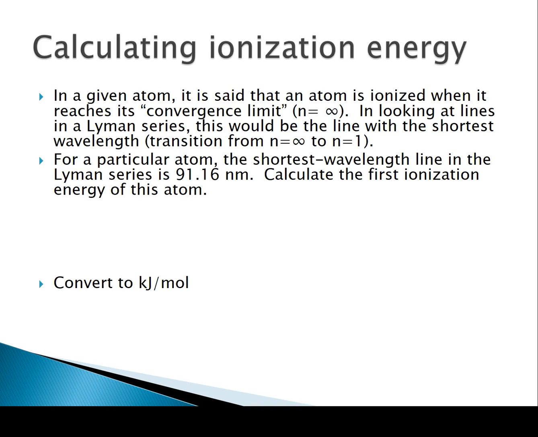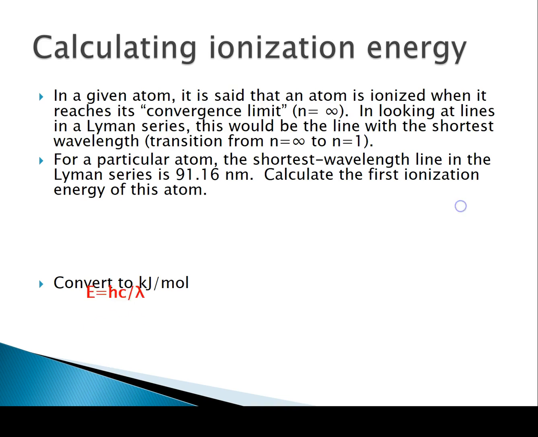So here's the question. It says for a particular atom, the shortest wavelength line in the Lyman series is 91.16 nanometers. Calculate the first ionization energy of this atom. Now, those words, shortest wavelength line, are pretty much the indication to you that we are calculating the energy of the convergence limit, right?